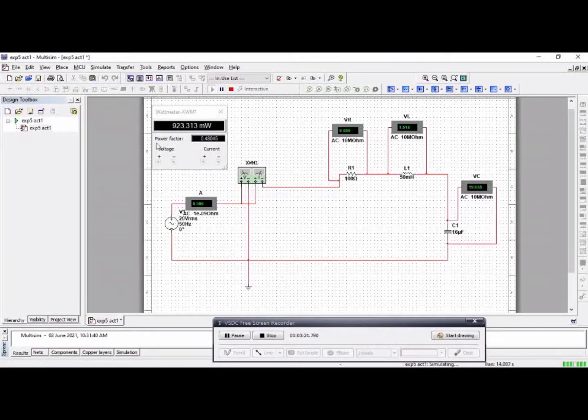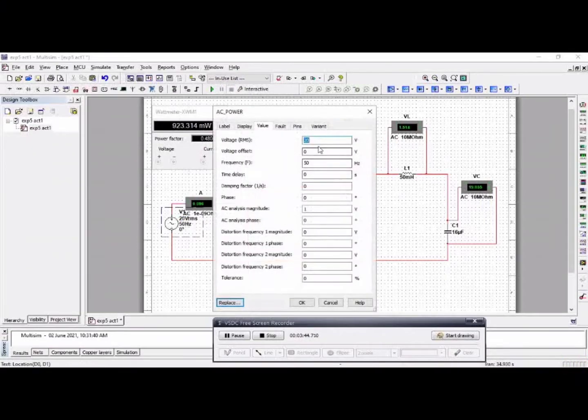Now this is the value of the voltmeter. This is the wattmeter, power factor, and this is I. This is VR, VL, VC.